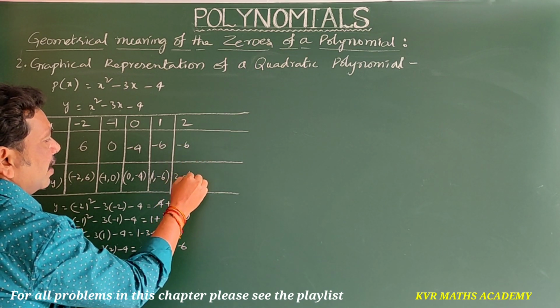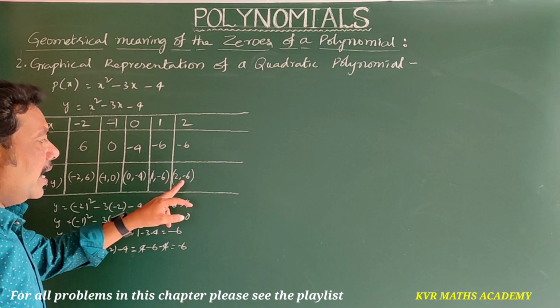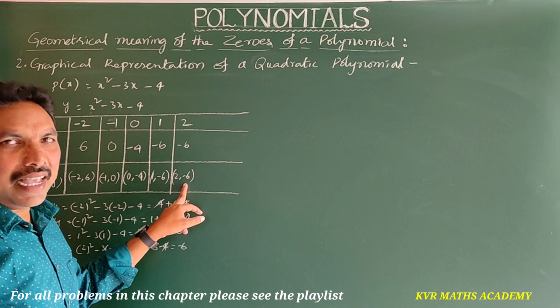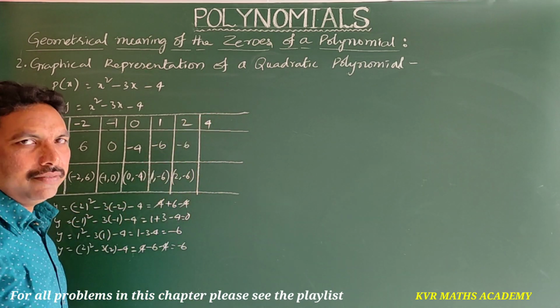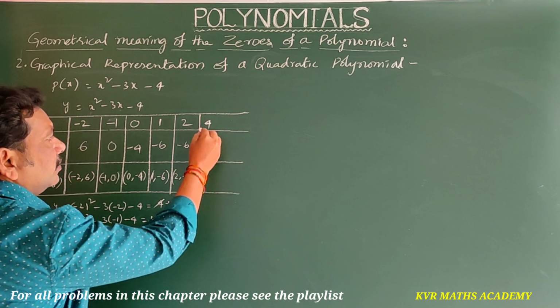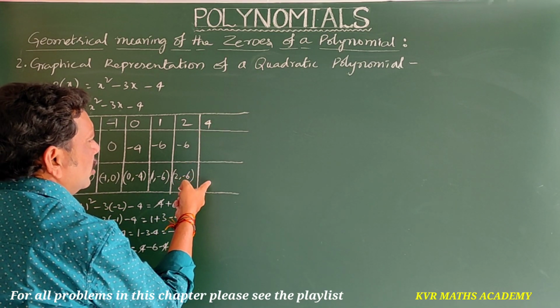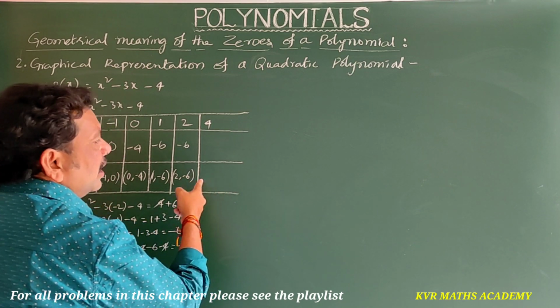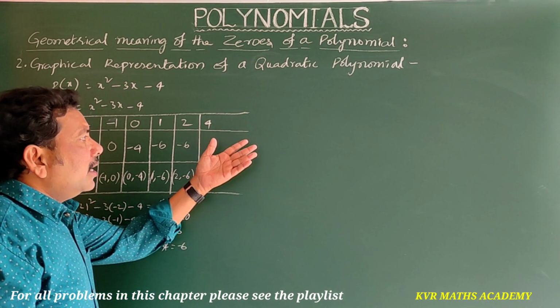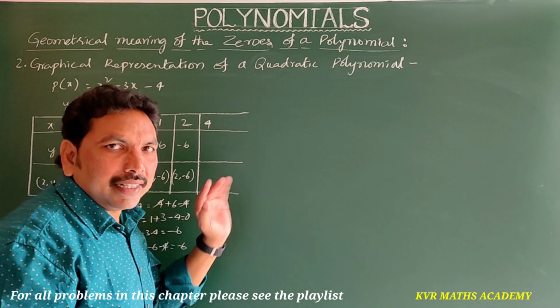So 2 comma minus 6. So I think it has not cut the x-axis. Take another value, suppose 4. If y comes 0 or a positive value, then only the line cuts the x-axis.